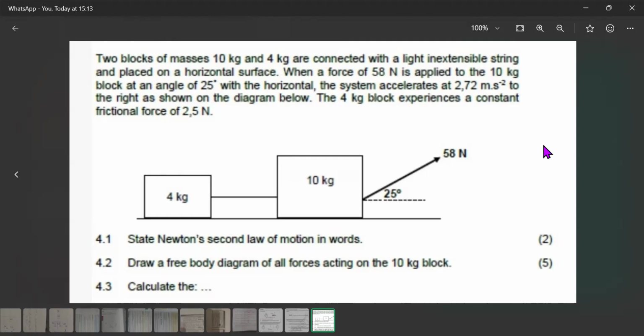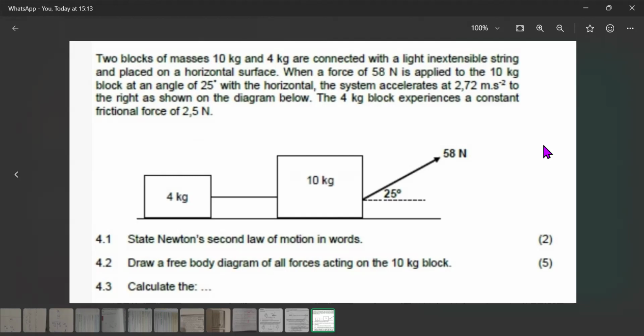Well, if we look at the horizontal forces, we know the magnitude of the kinetic frictional force, but we don't know the tension. There are only two horizontal forces on the 4 kg block. So we only have one unknown and we know the acceleration.